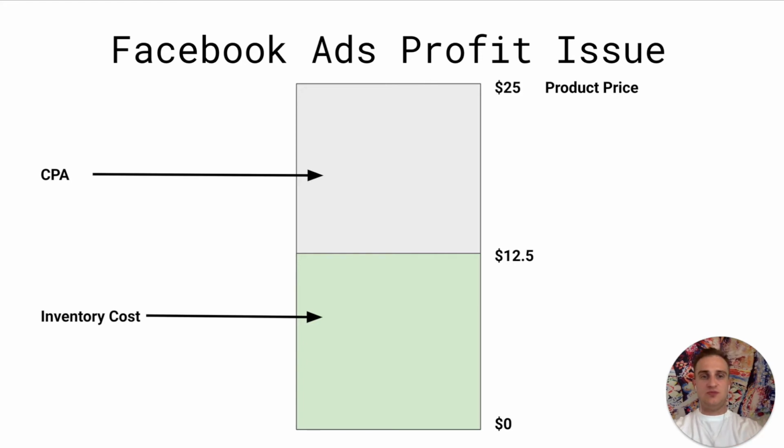It means we should pay $12.5 as inventory cost, and we have another $12.5 as the candidate for profit. But usually the Facebook ads cost per acquisition consumes all of this $12.5 or even more, which makes our ads really unprofitable. So in the usual case we might generate 2x, so we invested $12.5 and generated $25, but really we don't have any kind of return on that.